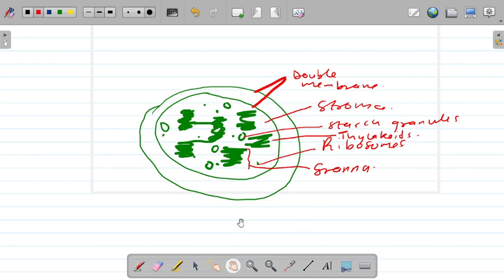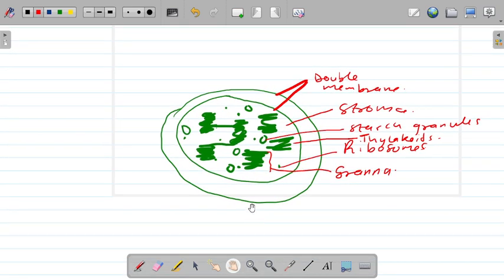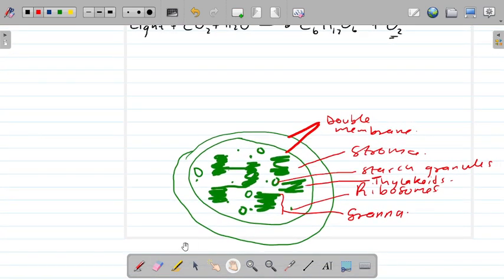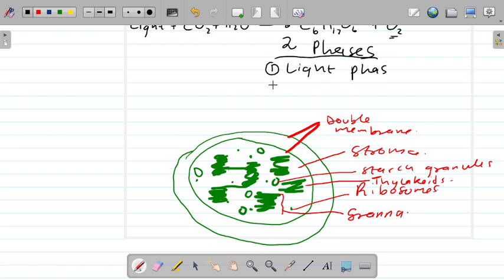Good. Now today we're going to be looking at photosynthesis as a whole. Photosynthesis has two phases. One is called the light phase, and two is called the dark phase.